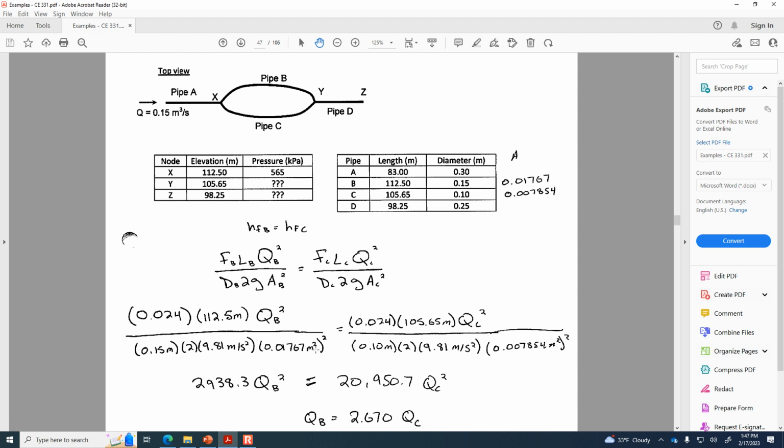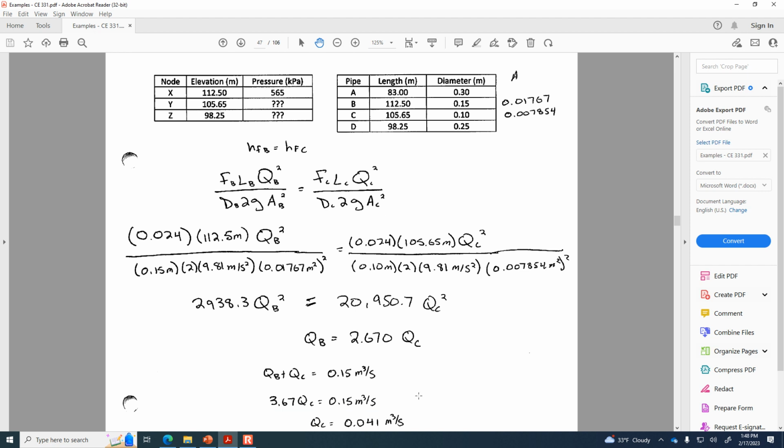So we get the flow rate in B in terms of the flow rate in C. So which pipe's going to have more flow, pipe B or pipe C? B has more flow. It's a larger diameter, which more than makes up for the fact that it has a longer length. Its longer length is going to, in some ways, nudge the flow away from it. But the fact that it has the larger diameter is really significant. So Q_B is 2.67 times the flow rate through C.